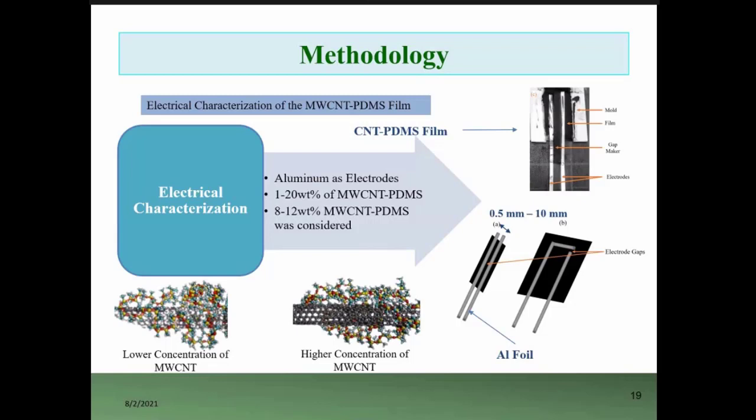It was found that below 8 weight percent, the film was not showing any conductivity. But when we increased the concentration of carbon nanotube from 8 to 12 weight percent or more, it showed good conductivity inside the film. Also, different electrode gaps from 0.5 millimeter to 10 millimeter were observed to characterize the film. I will show you the data in the results and discussion part.